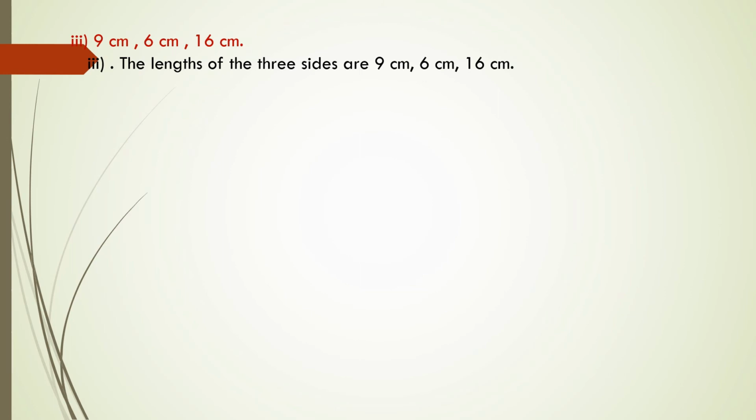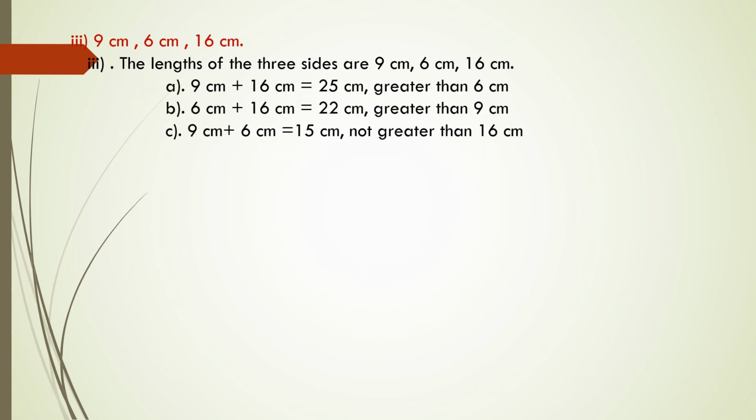Here first I am taking the two sides 9 centimeter and 16 centimeter and the third side is 6 centimeter. Therefore the sum of the length of the two sides is 9 centimeter plus 16 centimeter is equal to 25 centimeter. That 25 centimeter is greater than the third side, that is 6 centimeter.